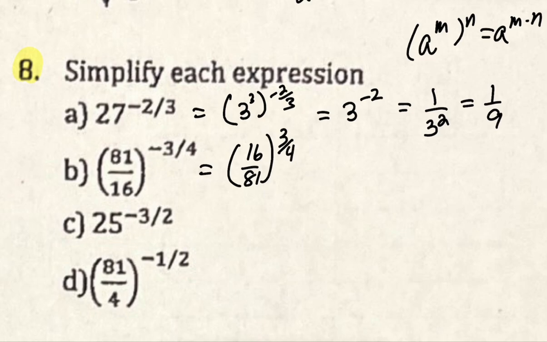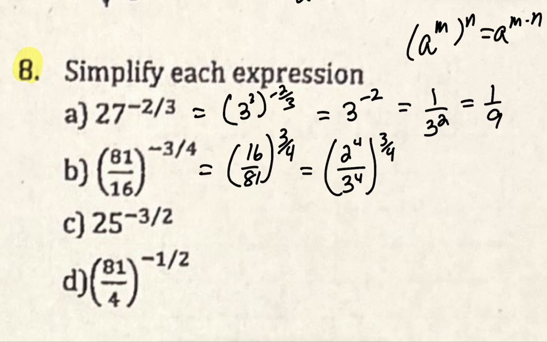The negative exponent's job is to flip whatever it's touching. We flipped whatever it's touching, so now the negative is gone. Okay. Now, we have a 4th denominator there. So let's think about the numbers 16 and 81. 16 is 2 to the 4th. 2 times 2 times 2 times 2. 81 is 3 to the 4th.